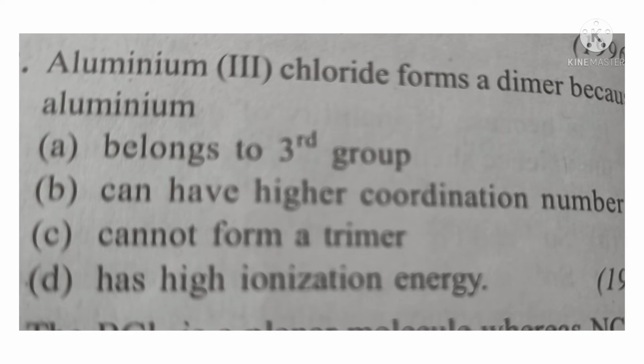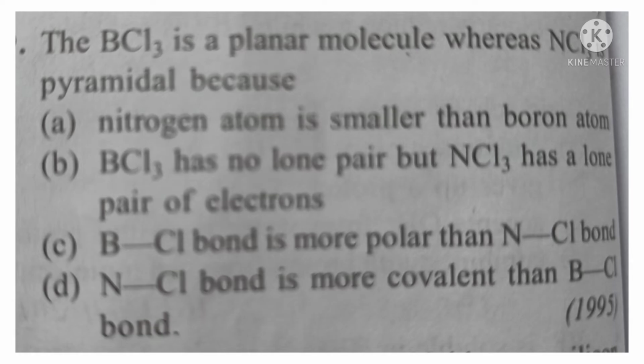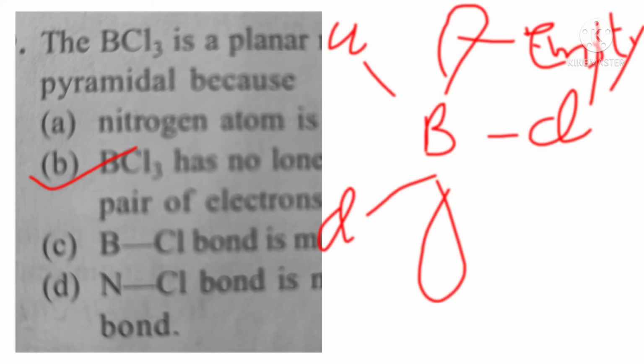Aluminium chloride forms a dimer because aluminium can have higher coordination number. Because of presence of vacant d orbitals, it can extend its coordination. BCl3 is a planar molecule, whereas NCl3 is pyramidal because BCl3 has no lone pair but NCl3 has a lone pair of electrons. BCl3 is sp2 hybridized and one unhybridized p orbital is empty.